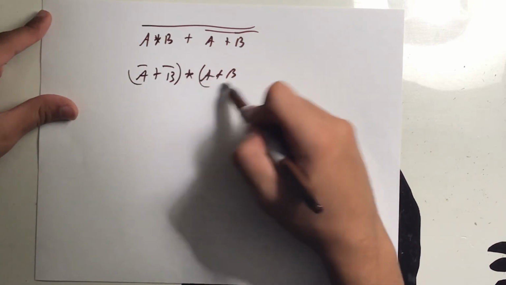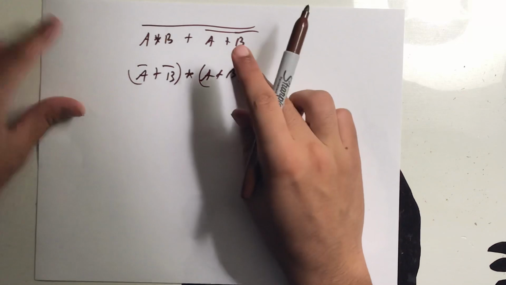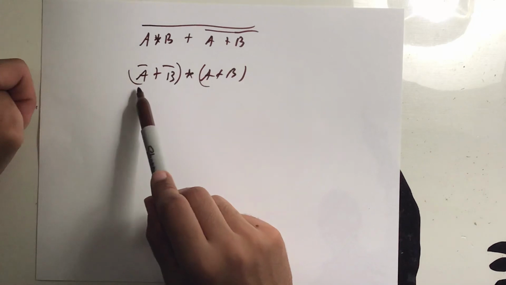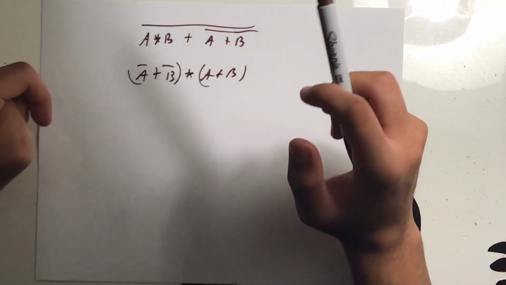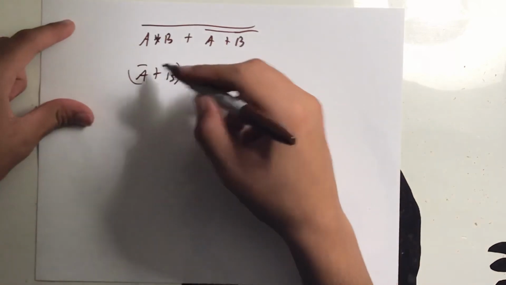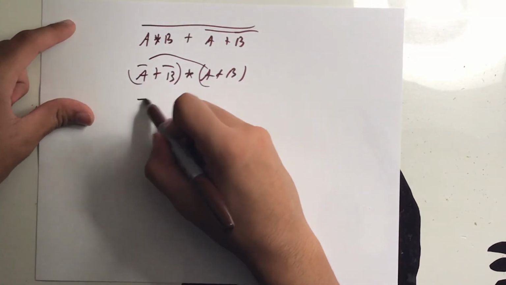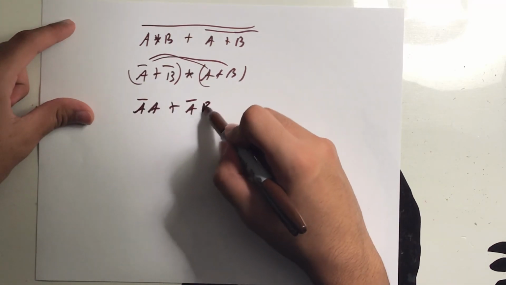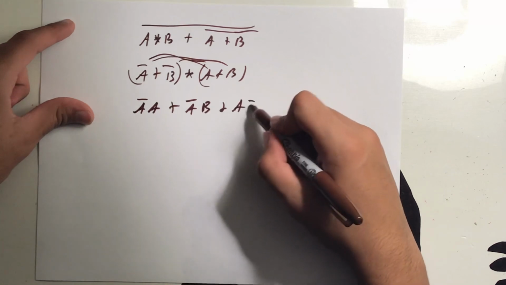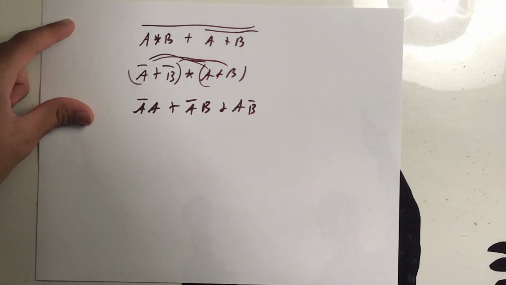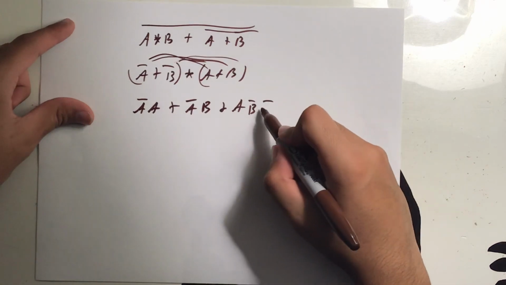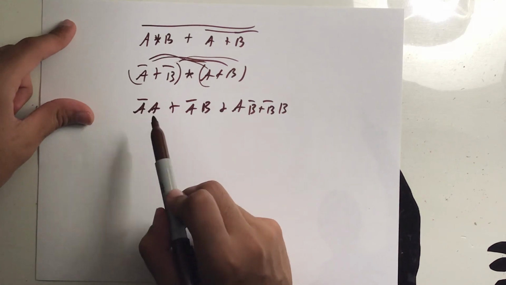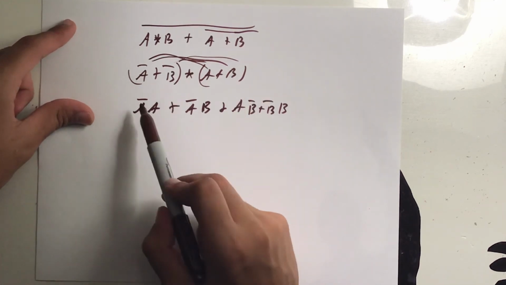So now we put parentheses, because without the parentheses, you will find that we have something plus something times something plus something. That may remind you of foiling. So let's FOIL. We have not A, not A B, A not B. Well, it's not B A, but same thing as A not B. And then not B, B. Well, we know that something and not something is just false.